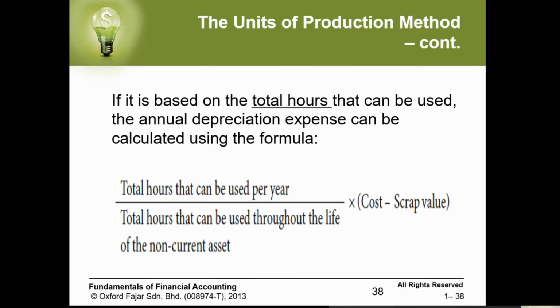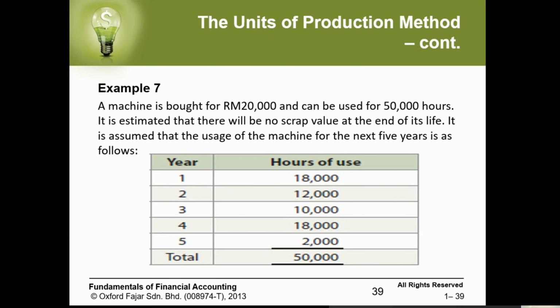They tell you this machine has 20,000 clicks. So you need to say how many clicks I used this year, divided by the 20,000 clicks, multiplied by the cost minus the scrap. Let's take this example. A machine is bought for 20,000 and can be used for 50,000 hours.